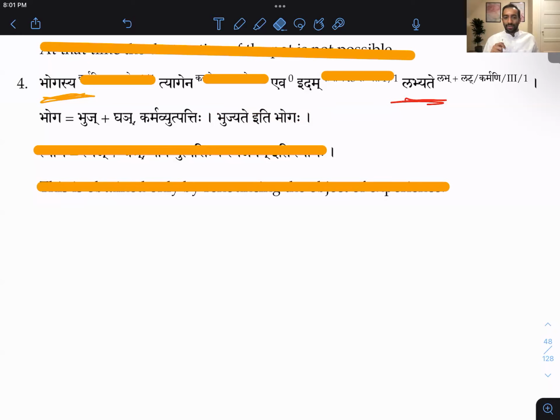Now, not everyone was correct. There's actually one more word here. So first of all, there's one more Ghananta word. So you might have missed it. Tyagena is also a Ghananta word.